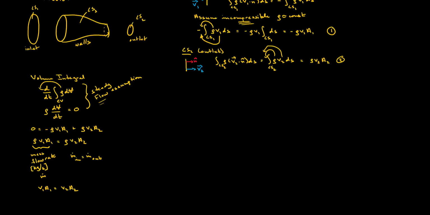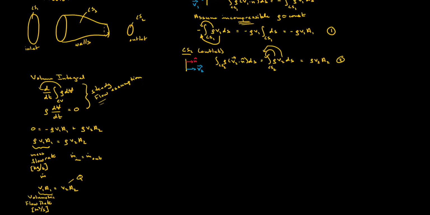Now what does this tell us? For an incompressible flow, this is what we call the volumetric flow rate. It has units of meters cubed per second in SI, and we denote it as Q, and that's very important.